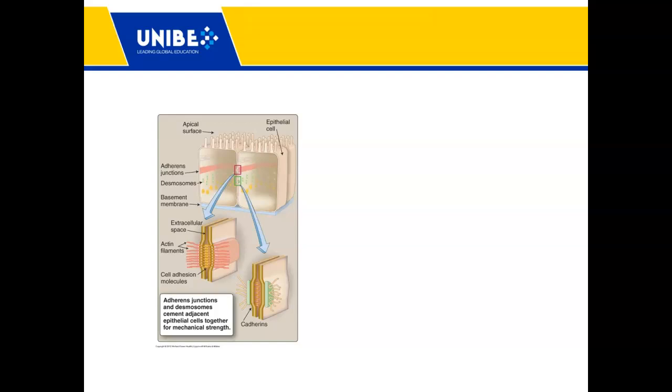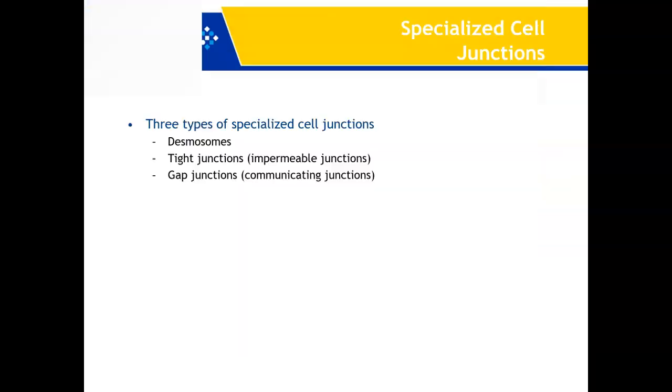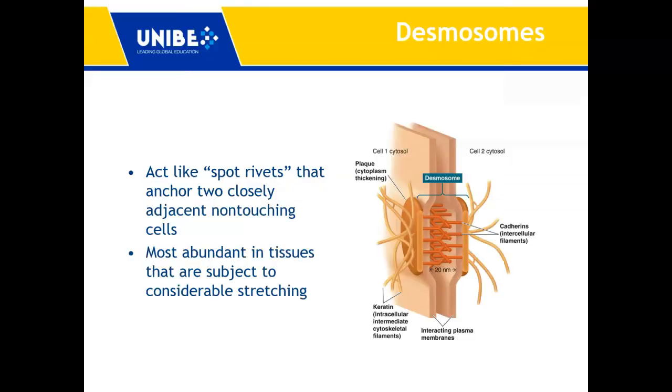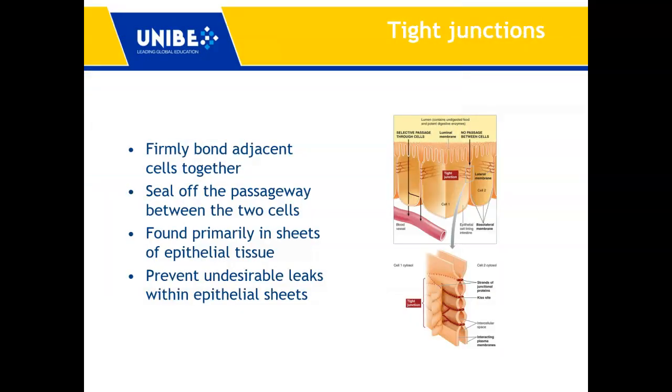So these basically hold two cells together mechanically. Imagine like a button on a shirt. And then we can see these three here. So we can see here desmosomes or adherent junctions. They basically are going to act as mechanical pathways to maintain two cells together. And these are the most abundant in tissues that have movement or stretching or that type of thing.